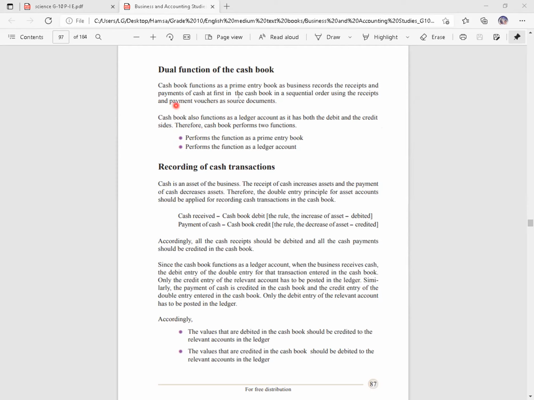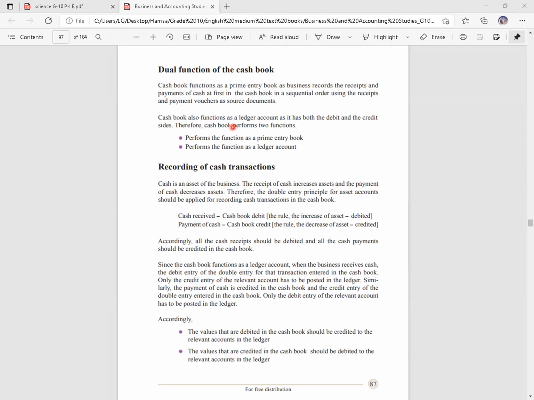So using these source documents, we are going to enter the transactions in the cash book. That is the prime entry. All the receipts and payments of cash are recorded neatly in an order in the cash book, right?